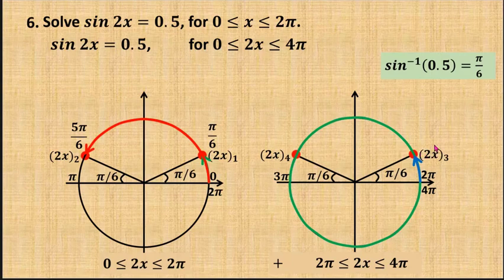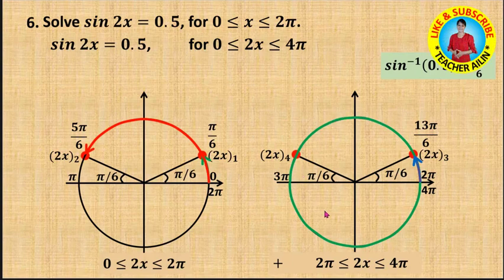This value is equal to 2 pi plus pi over 6, which is equal to 13 pi over 6. The fourth angle 2x4 is also in the second circle. Similarly, to find the angle, we still need to start from 0 in the direction of anti-clockwise.